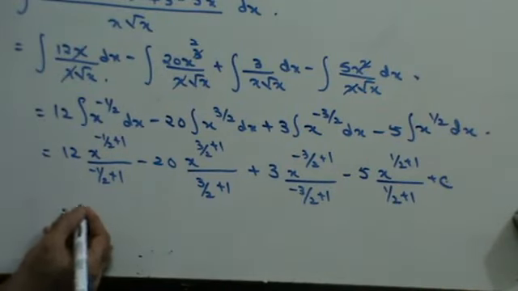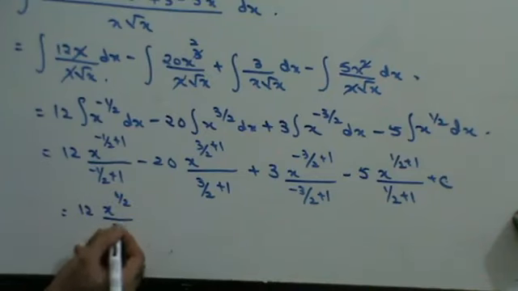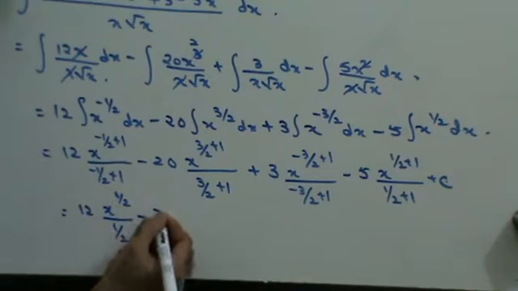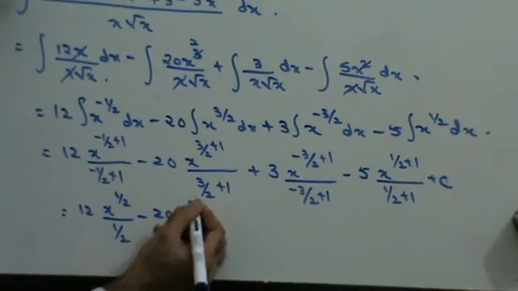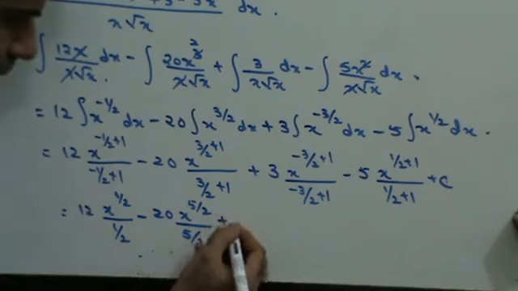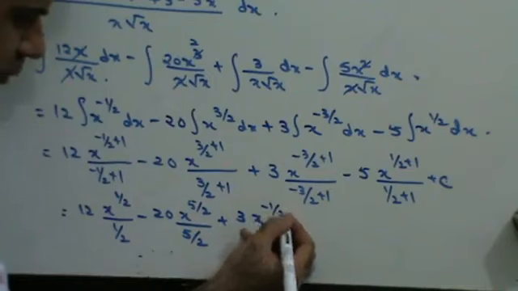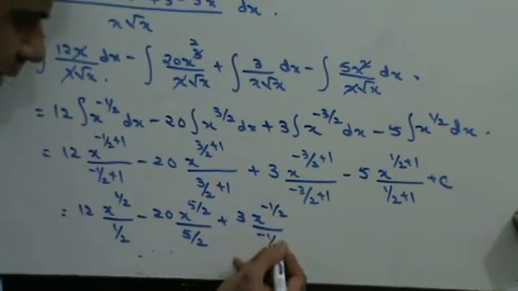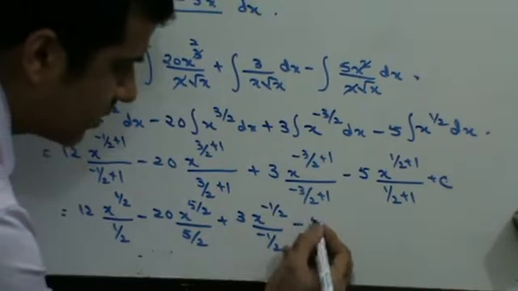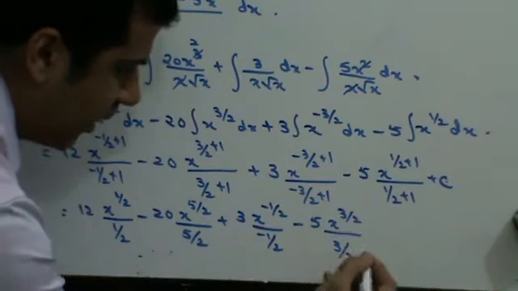Now this is going to be 12 x raised to 1 by 2 upon 1 by 2 minus 20 x raised to 5 by 2 upon 5 by 2 plus 3 x raised to minus 1 by 2 upon minus 1 by 2 minus 5 x raised to 3 by 2 upon 3 by 2 plus c.